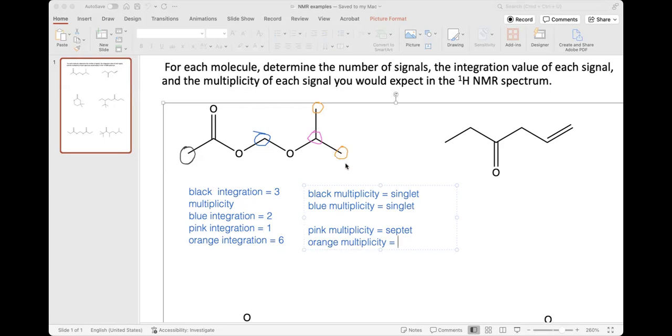I think for the orange, it would be a doublet. When you're determining the multiplicity of the orange signal, when we did the pink, we had to add the hydrogens together. But to determine the orange, just pick one of them. So I'm going to use this one. There's only one neighboring carbon, and it has one hydrogen, so that's going to make it 1 plus 1. The orange multiplicity is going to be a doublet.